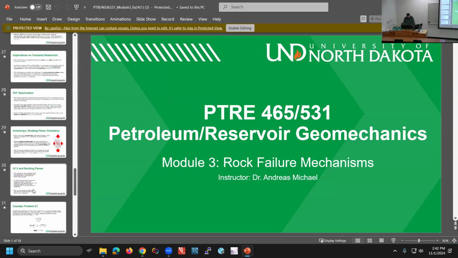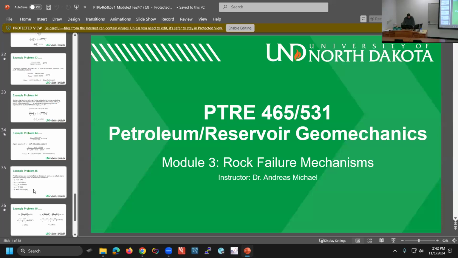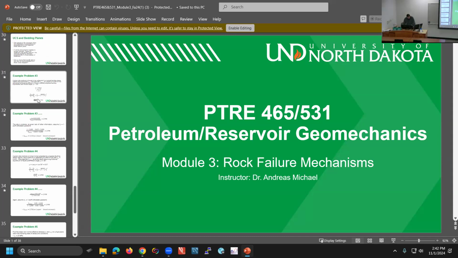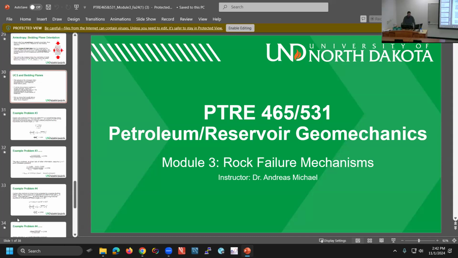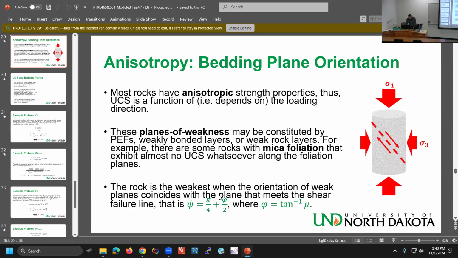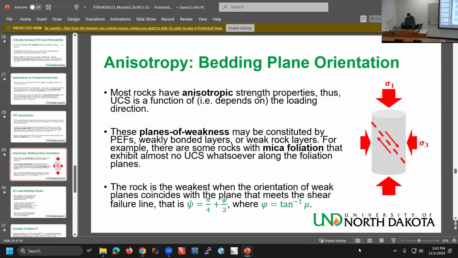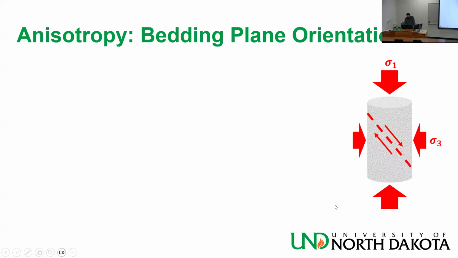We were not far from the end of module 3, actually. There are some example problems coming up. Okay, bedding planes. We talked a little more about shear failure, and we talked about layering that is very common in rocks.